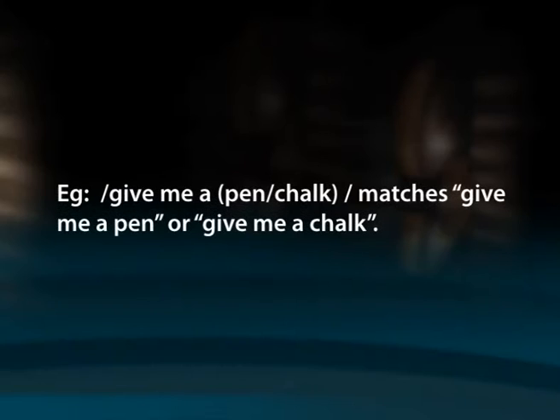It is also possible to group parts of a regular expression in parentheses and use vertical bars in them. For example, /give me a (pen|chalk)/ matches give me a pen or give me a chalk. Since Perl is highly optimized for string based operations, working with DNA sequences will be extremely fast in Perl.